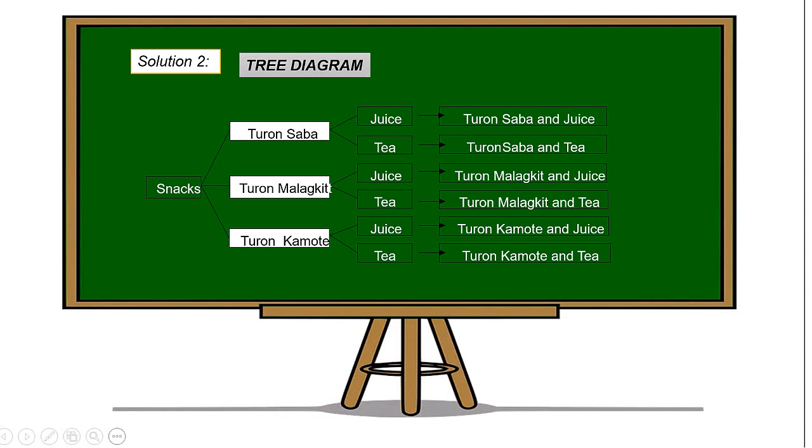So we can have turon, saba and juice, turon, saba and tea, turon, malagkit and juice, turon, malagkit and tea, turon, kamote and juice, then turon, kamote and tea. So we have 1, 2, 3, 4, 5, 6. So therefore, there are 6 ways to order snacks.